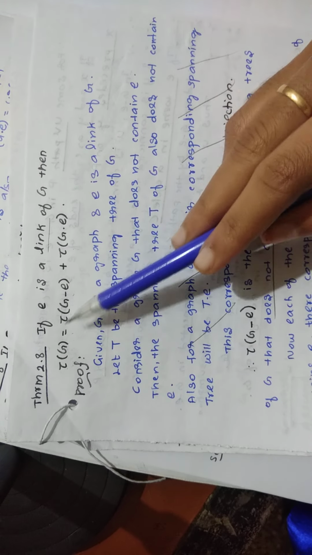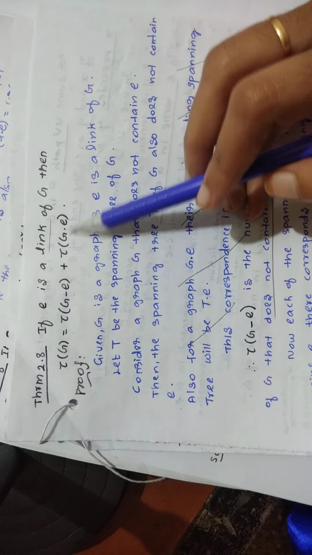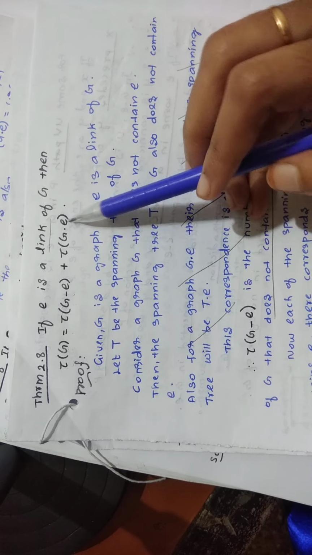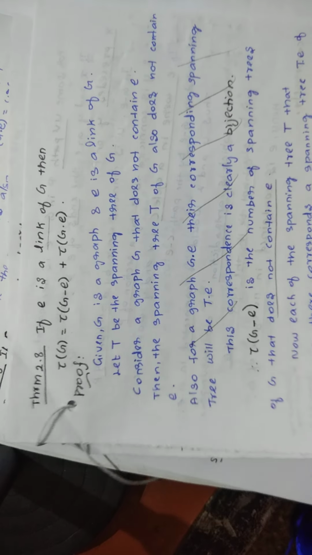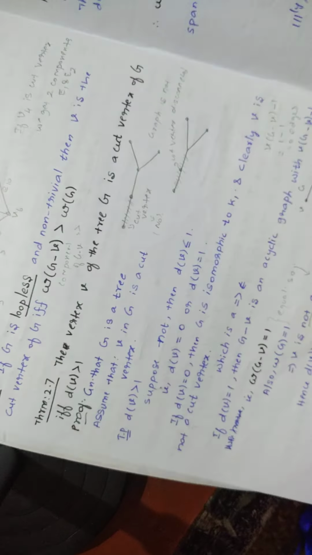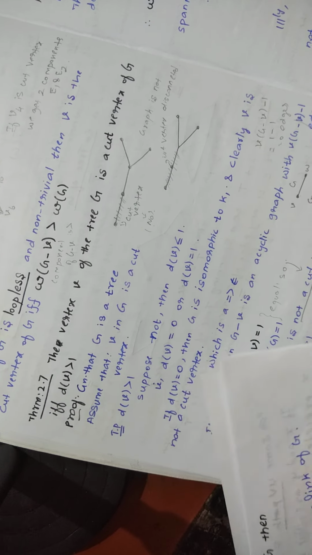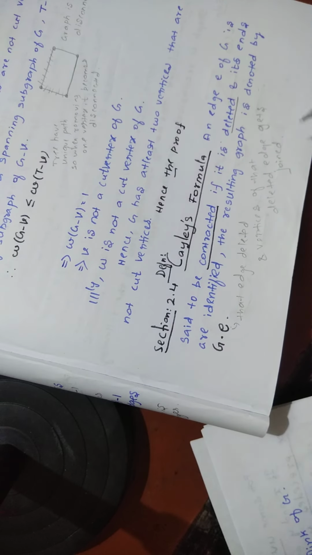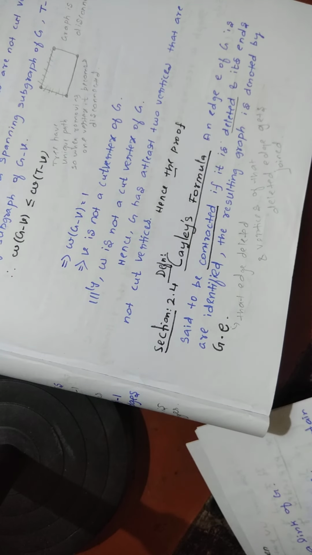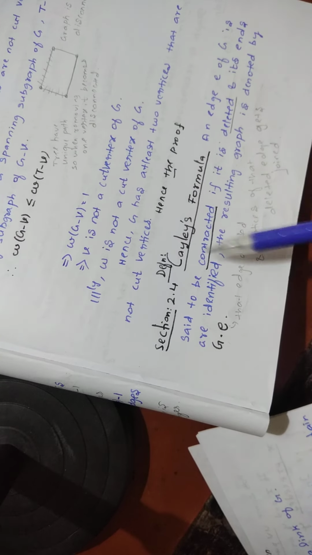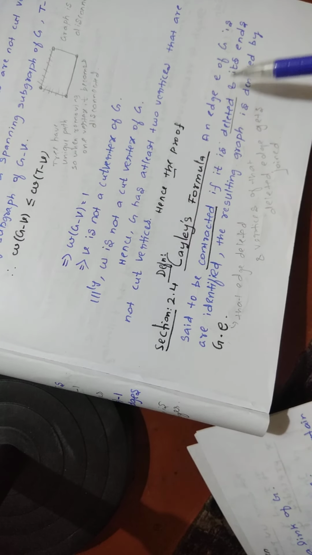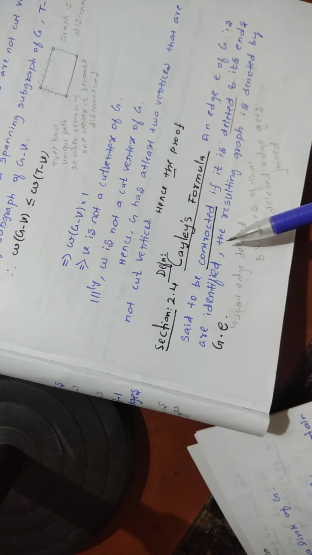Okay, and this is what is meant by G dot E. Here you have a definition for G dot E. I will show you. Is that visible? Yeah, G dot E. Here, an edge E of G is said to be contracted.